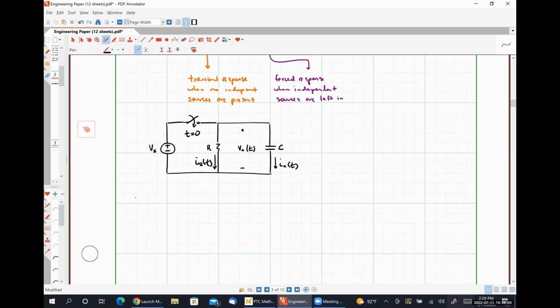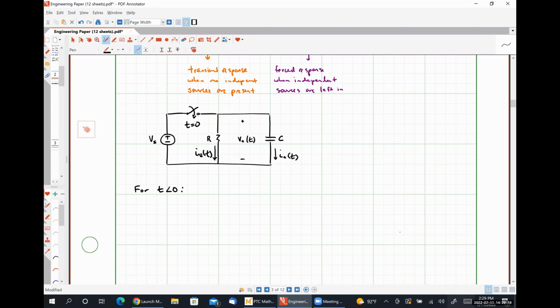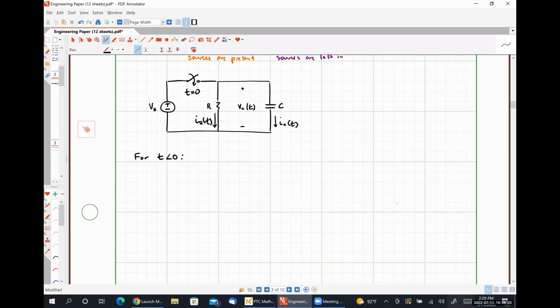So for t less than 0, during our DC steady state condition, our circuit looks like this.